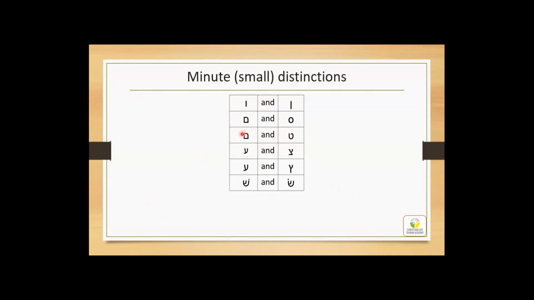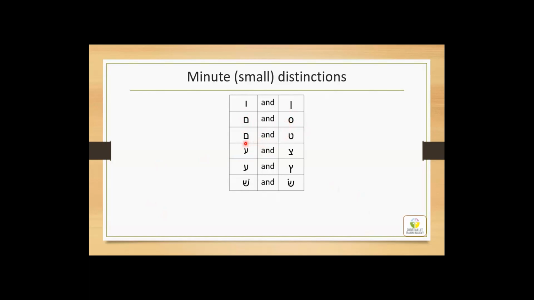Right. The next one is the mem, which is at the end, and samech. We're still going to get to samech. That's mem. Look, it's square. And this is round. Samech is round. Okay?